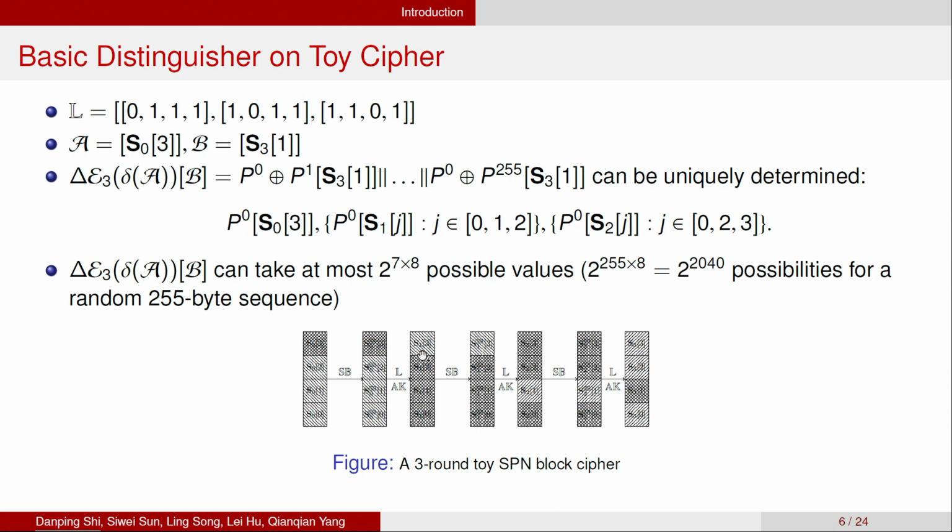So iterate this process with the 6 remaining internal parameters. The sequence can be determined. So the sequence can take at most 2 to the 56 possible values, where it has 2 to the 2040 possibilities for a random sequence.